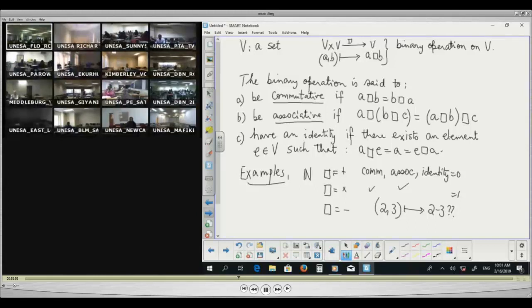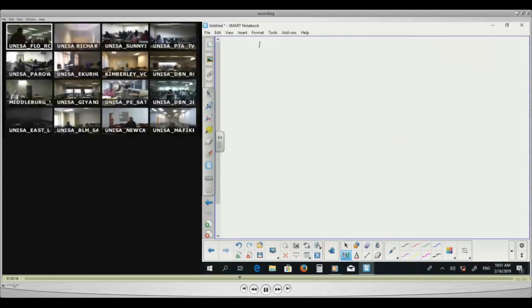Good. Okay? On the other hand, let me take the reals, and this being minus now. That's a binary operation. Is it commutative? Let's see. 2 minus 3 is -1. 3 minus 2 is 1. I've taken minus.